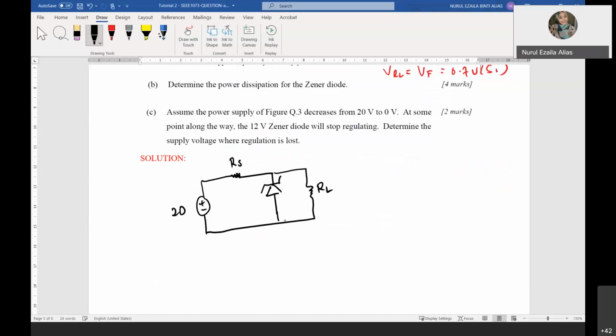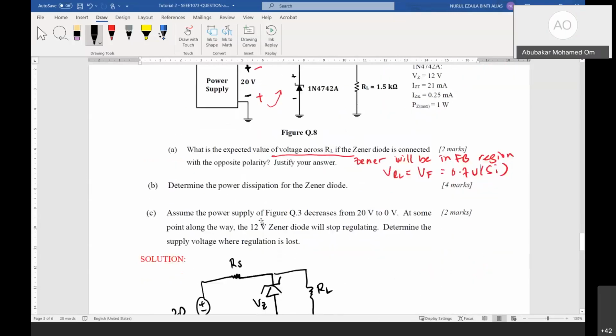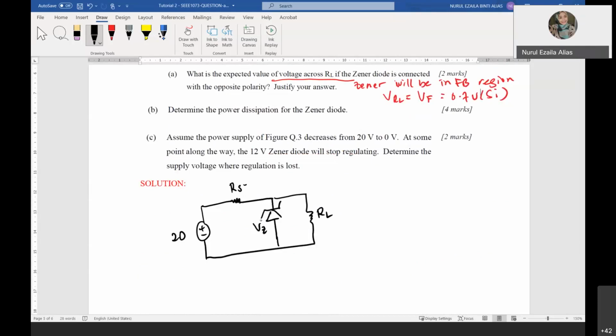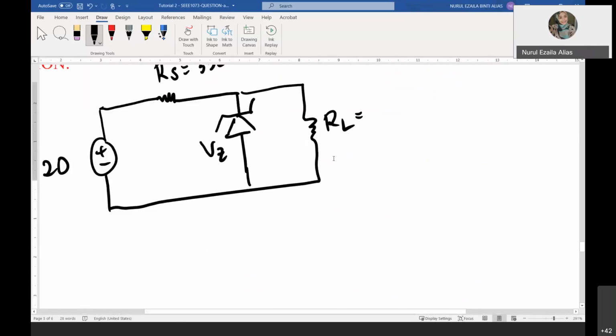How to determine whether this VZ regulates or not? Still remember? Yes, we will find the VThevenin of RL. So this RL is equal to 1.5K.